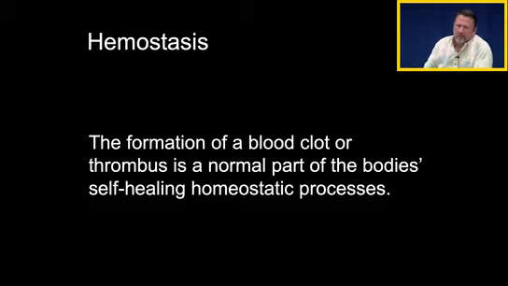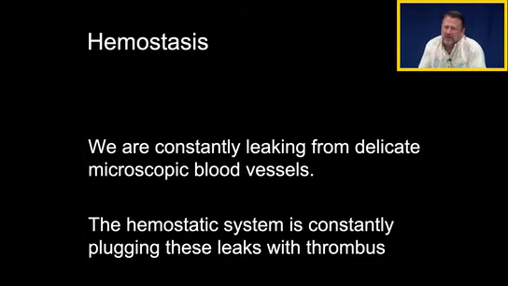All right, before we start beating up on blood clots, keep in mind the formation of a blood clot, or a thrombus, as it's more commonly known, is a normal part of the body's self-healing homeostatic processes. We need our blood clotting system to be working all the time because we're constantly leaking from the little teeny tiny capillaries and all sorts of delicate microscopic blood vessels.